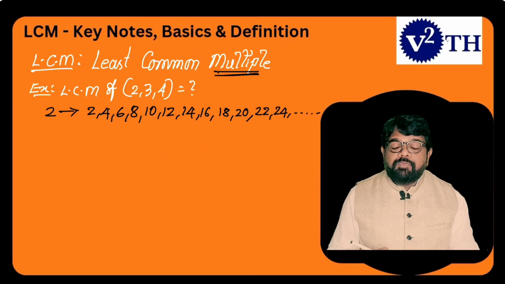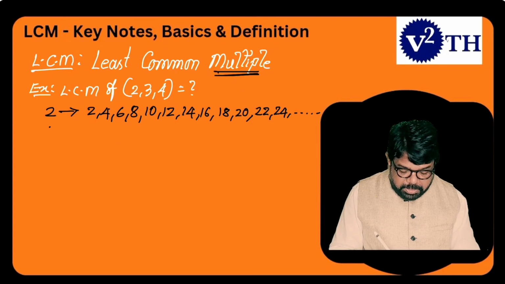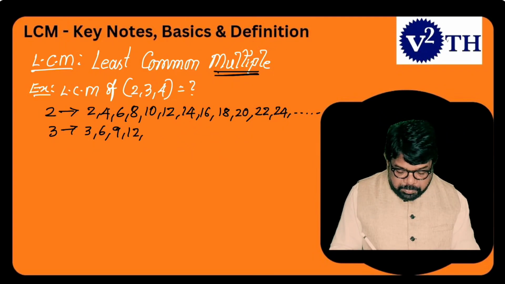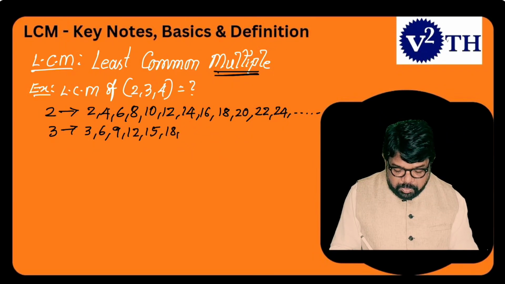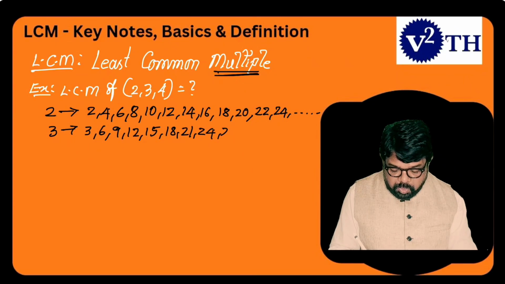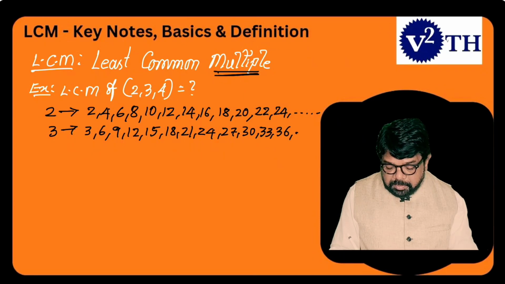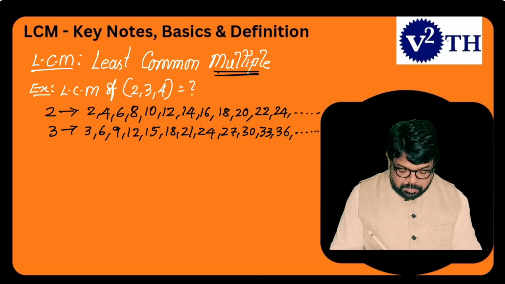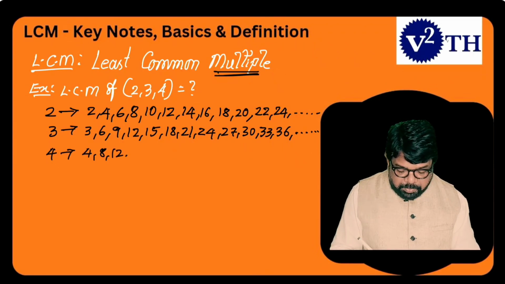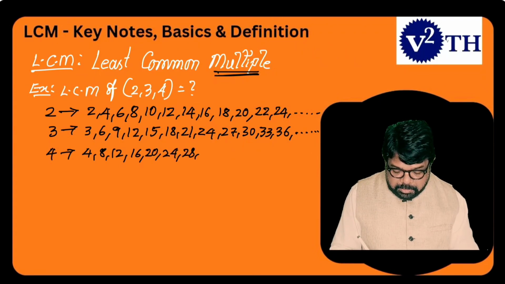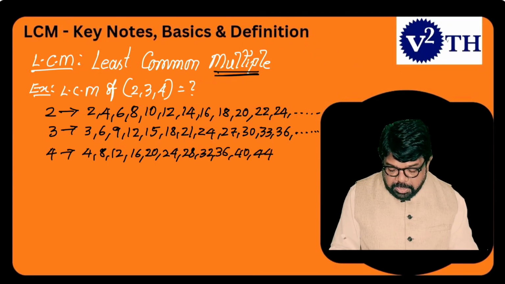Similarly, the multiples of 3 are 3, 6, 9, 12, 15, 18, 21, 24, 27, 30, 33, 36 and so on. The multiples of 4 are 4, 8, 12, 16, 20, 24, 28, 32, 36, 40, 44 and so on.